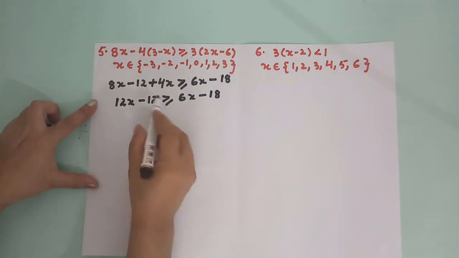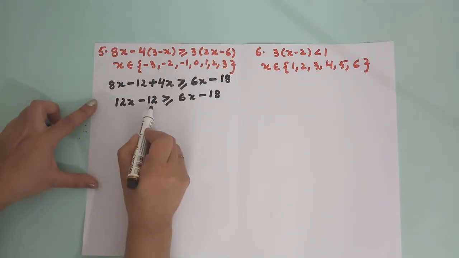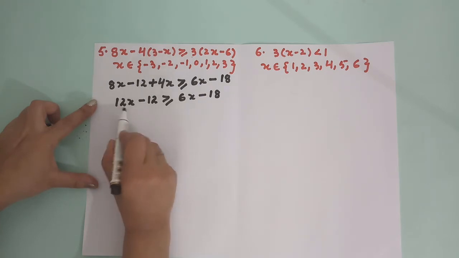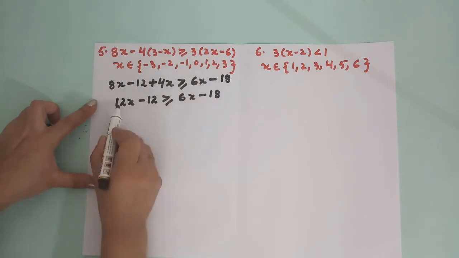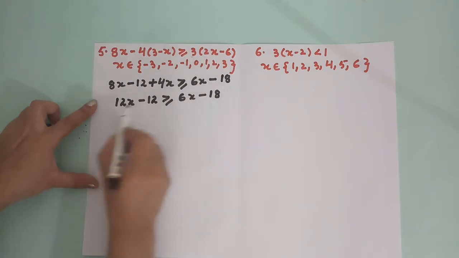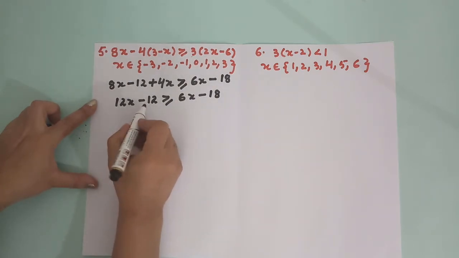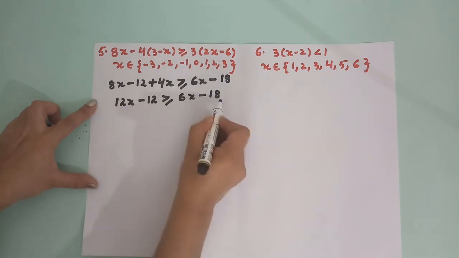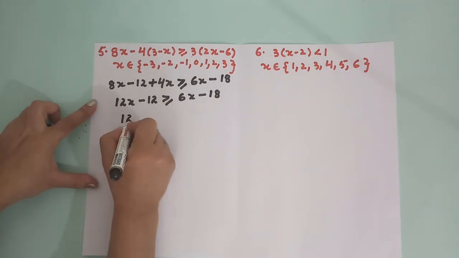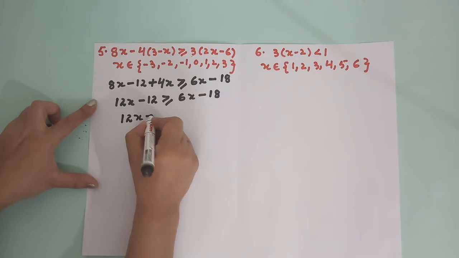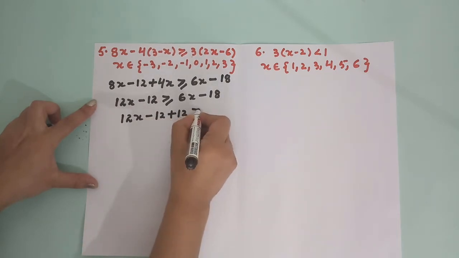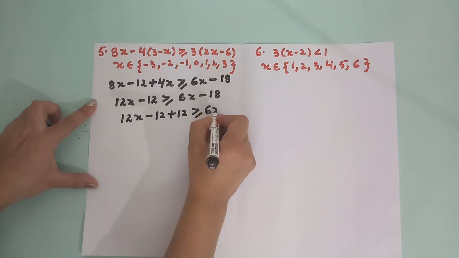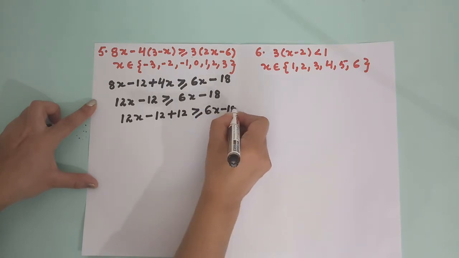You need to isolate the x term. You have x terms on both the sides, and 12x is greater than 6x, so we will isolate 12x. What should we do? We will add 12 to both sides. So this makes it 12x minus 12 plus 12. The inequality will remain the same. 6x minus 18 plus 12.